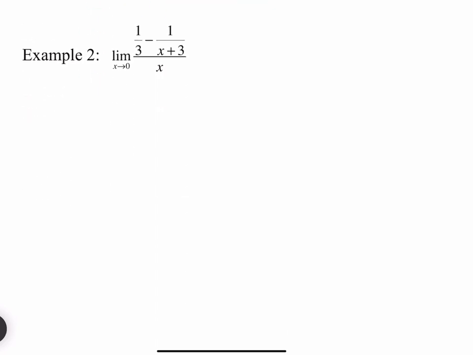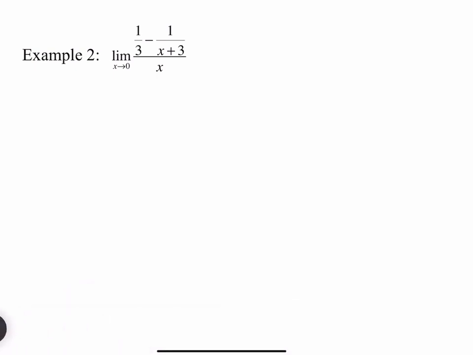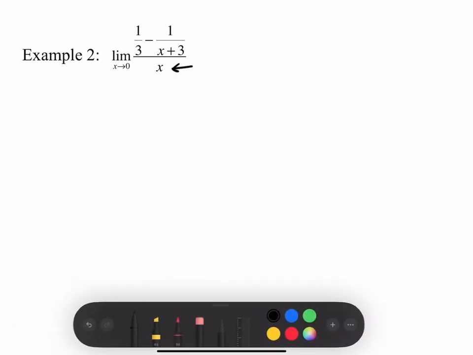Okay, I'm going to do one more with you, and then you're going to do one on your own. So exact same thing here. I can't plug it in directly. I can't use direct substitution because I'm going to get undefined in the denominator, and there's no factoring. And I can see that I have two fractions that can be combined together.